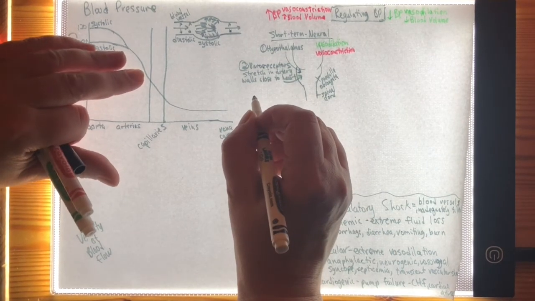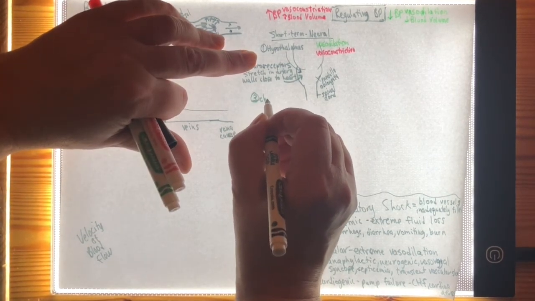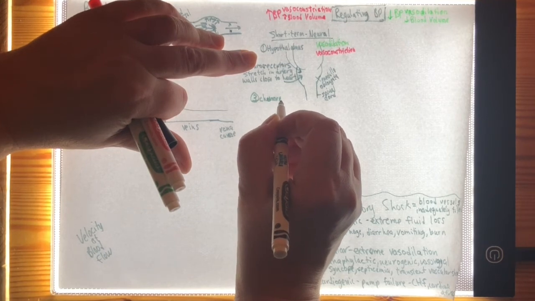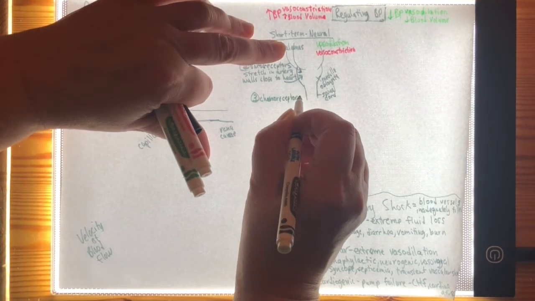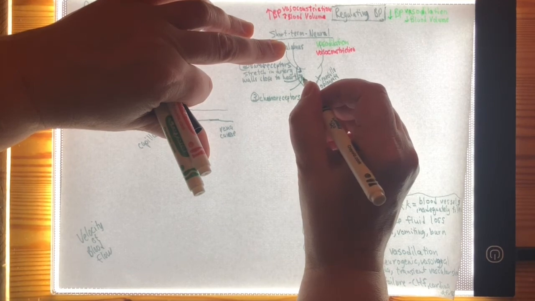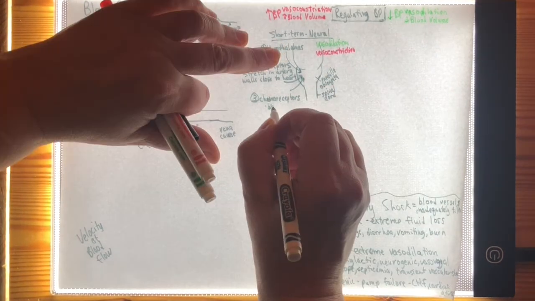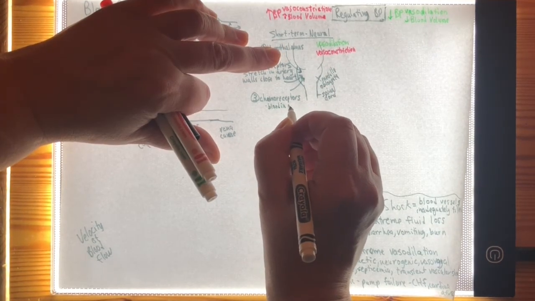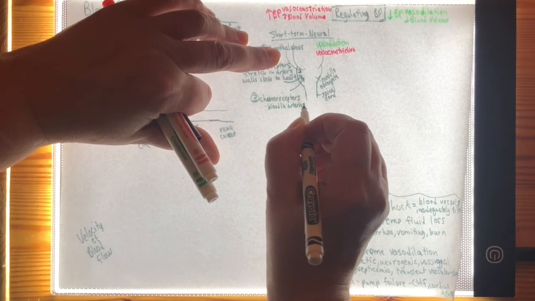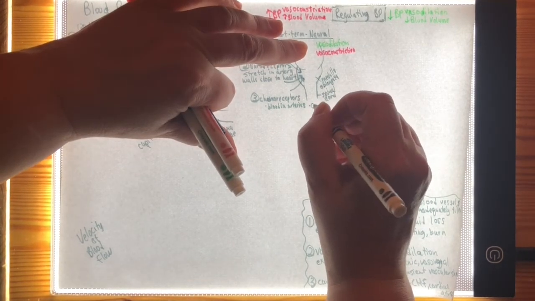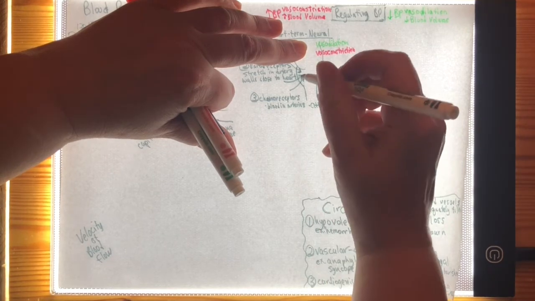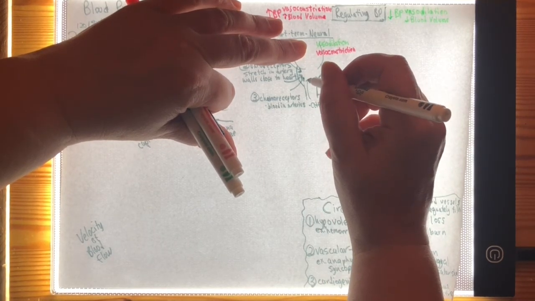And then the third type of input here are going to be chemoreceptors. Chemoreceptors are going to be measuring the amount of chemicals in the blood, and again, these are going to be arteries close to the heart, or also in the CSF, which is your cerebral spinal fluid.